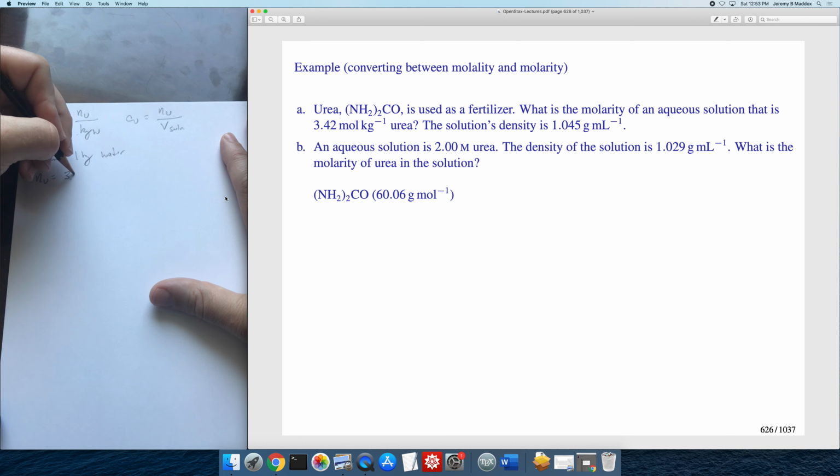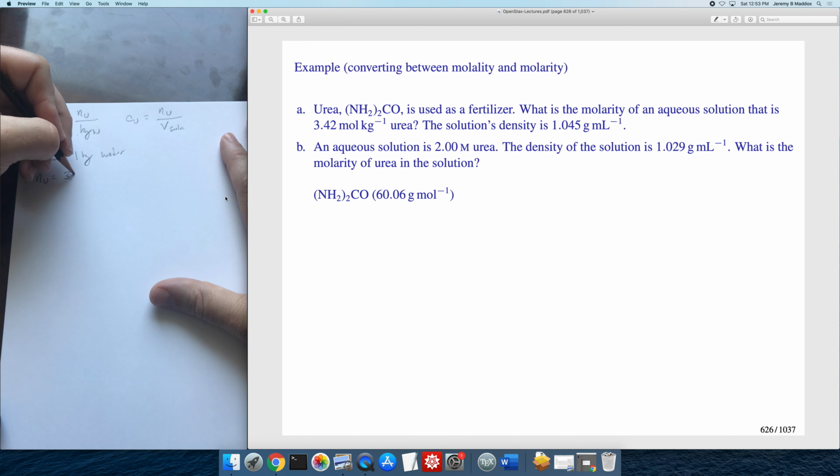We want the numerator out, so we will assume in this case we're trying to extract the number of moles from the molarity. So what will we assume? Well, to make things easy, we'll just assume 1 liter of solution. In that case, the number of moles of urea is numerically equal to the molarity.